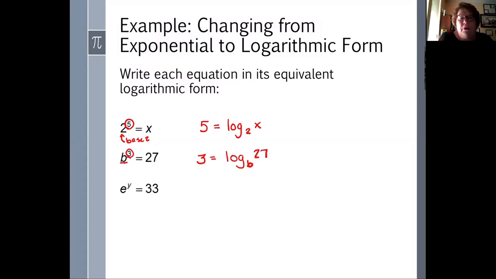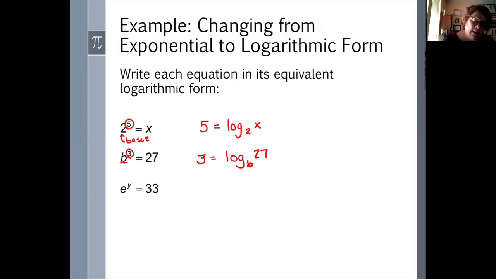So b to the 3rd equals 27 is equivalent to 3 equals the log base b of 27. And I do believe that base will be 3. Because what would you raise to the 3rd power to get 27? Well, that would be 3.